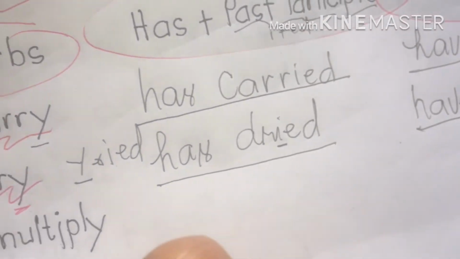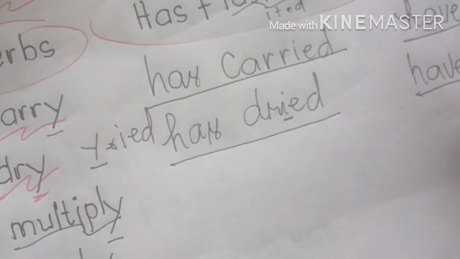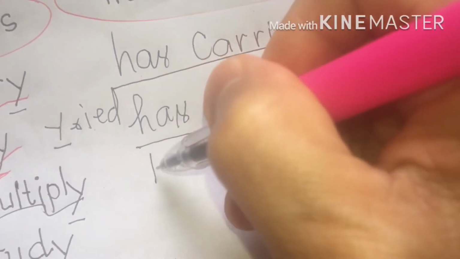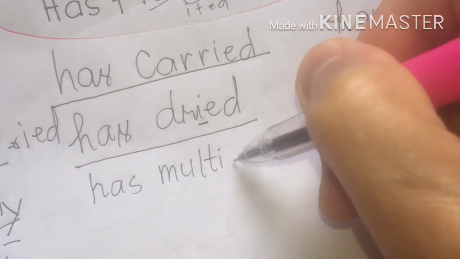Third, we have multiply. Okay, which ends in y. Same procedure, class. If your verb ends in y, change y to I and add ed to form the past form of the verb. We're going to write has multiplied.